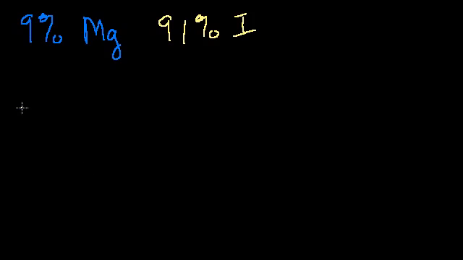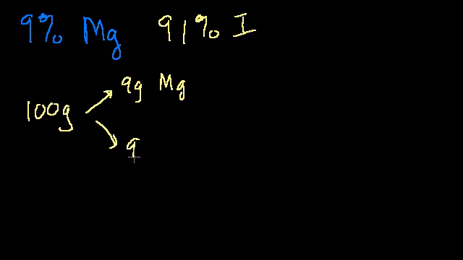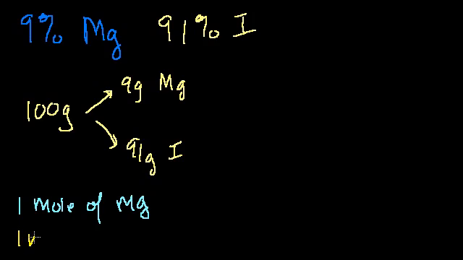Assume you have 100 grams, of which you have 9 grams of magnesium and 91 grams of iodine. Then figure out the mass of a mole of magnesium and a mole of iodine. So let me write here: 1 mole of magnesium, and we want to figure out 1 mole of iodine. Let's figure those out.